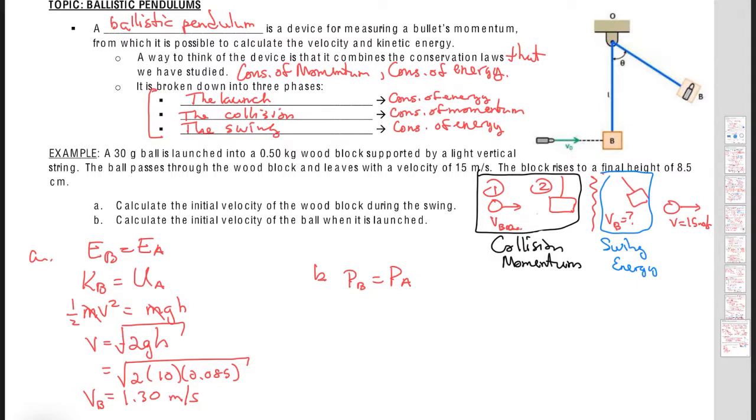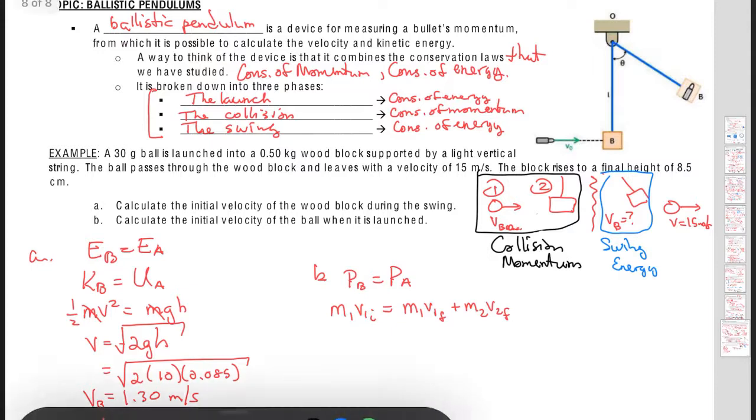Before the collision, only the ball is moving, so M1 V1 initial. And then afterwards, both of them are moving, so M1 V1 final plus M2 V2 final. But sometimes you may say, hey, wait, we don't know the final velocity of the block after the collision.